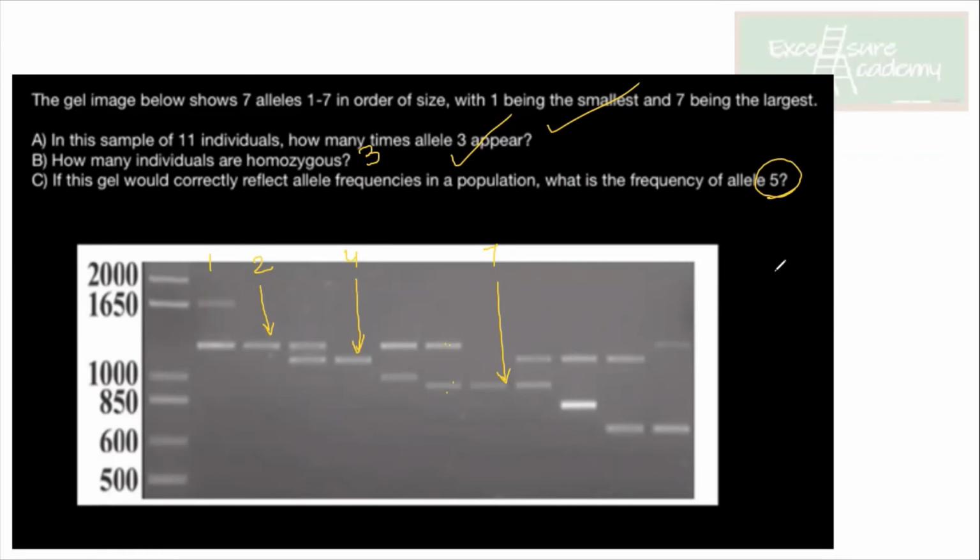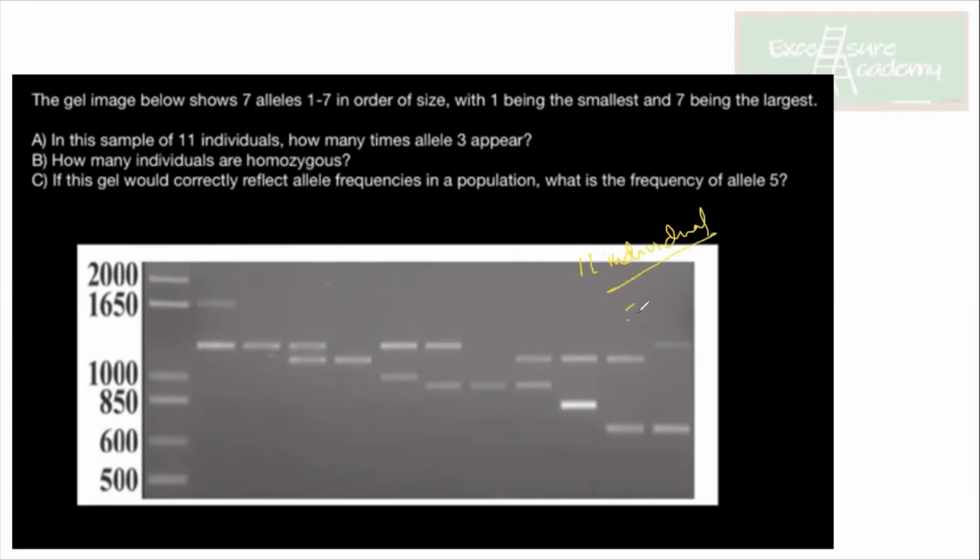So Shruti, we're going correct, but the only problem is that you said 11 allele types, but there are 11 individuals, right? So does it mean the total number of alleles is 11? No. Over here there are 11 individuals.